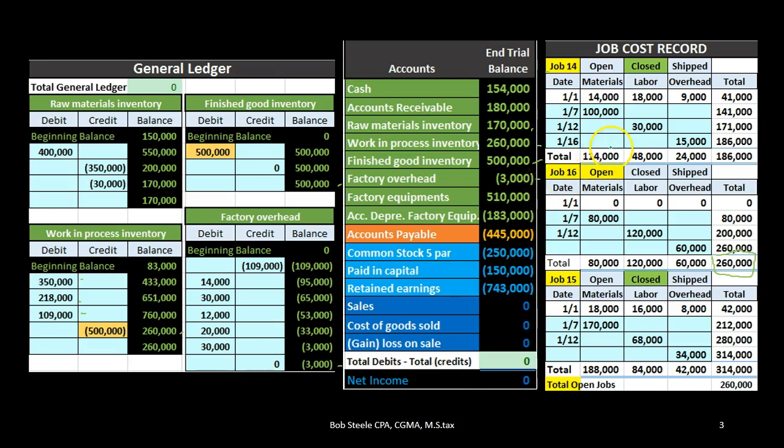Those jobs including the costs of materials, labor, and overhead per job, and the total of those costs then being the total cost that we are tracking per job. The timesheets, of course, will help us to apply the correct amounts to each particular job.